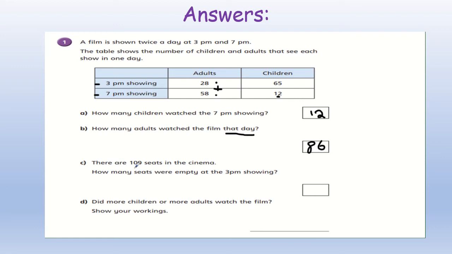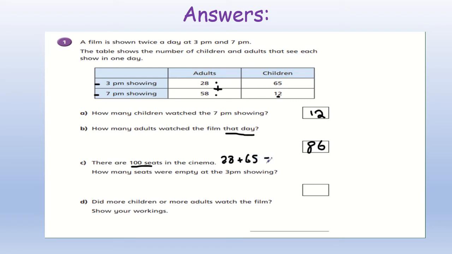We're then told that there are 100 seats in the cinema. Knowing this, how many seats were empty at the 3 p.m. showing? So at 3 p.m. there were 28 adults and 65 children.